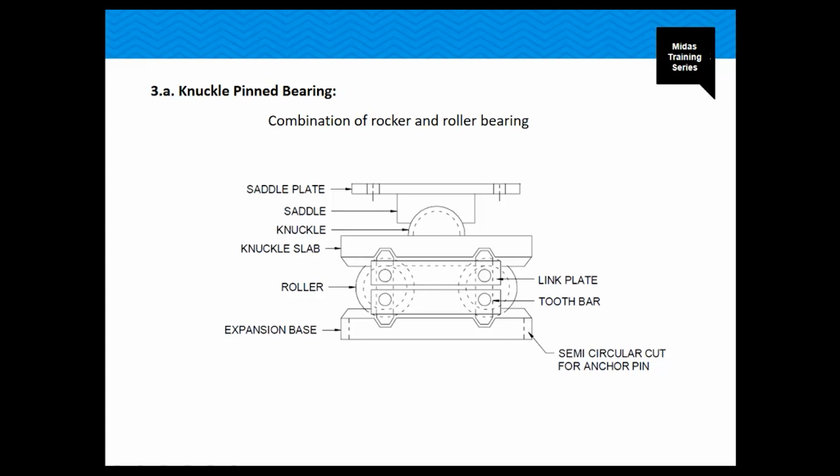And they're linked by plates, and the whole assembly rests on the base plates, which are these plates that you can see here. This is just the knuckle pin bearing, which is the combination as I mentioned, just so you can have an idea of it.